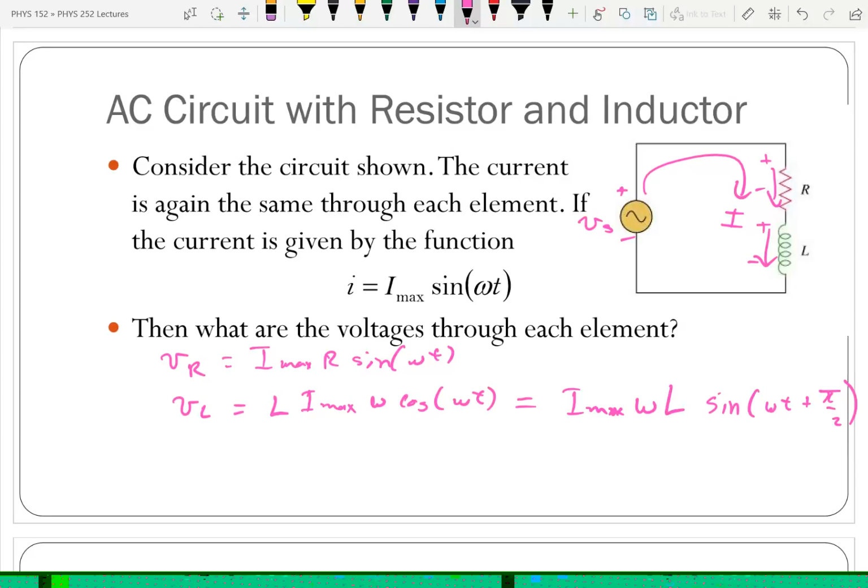And there's the equation for a voltage across the inductor. Now you notice this one has a different phase, that is the sine has a different argument again. But now it's a plus pi over 2. And so if we do the phasor idea, we're going to now have a vertical going up for the voltage across the inductor.